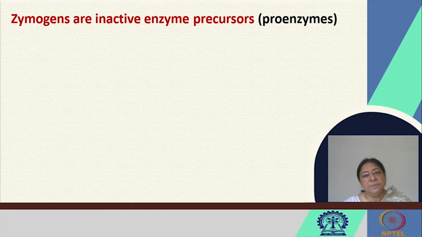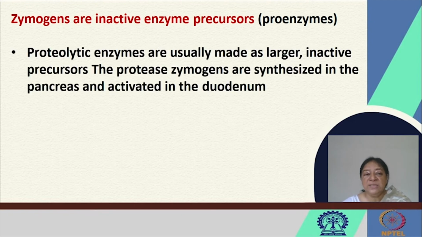Nature has devised a method for this where there are zymogens that are inactive enzyme precursors called proenzymes. That is an inactive form of the specific enzyme that has a proteolytic nature, or a protease.